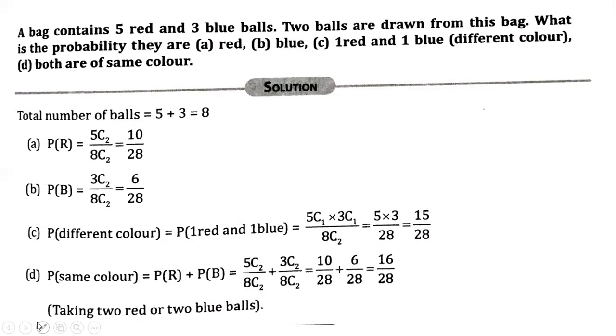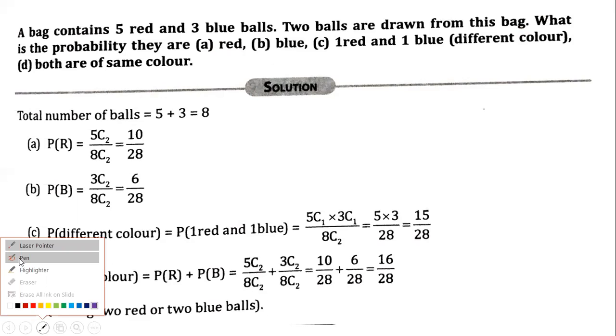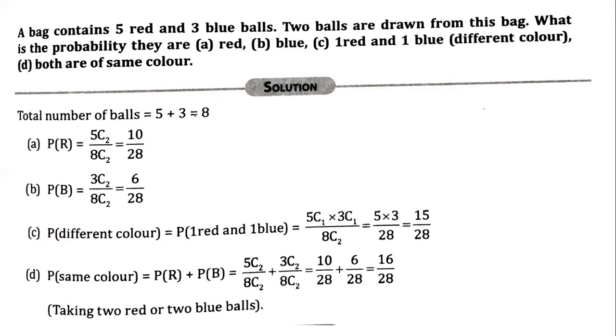So now listen here. You just have to first total the number of balls that are in the bag. That is 5 plus 3 is equal to 8. Now what is the possibility of getting a red ball? The possibility of getting red balls is nothing but this: there are 5 red balls, so out of 5 red balls, we are selecting 2 balls.